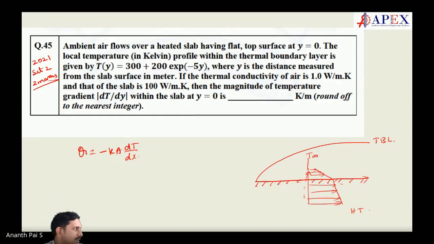Yes, sir, doing. Yes. Easy. Prashant answer, heat transfer is one of the easiest subjects.